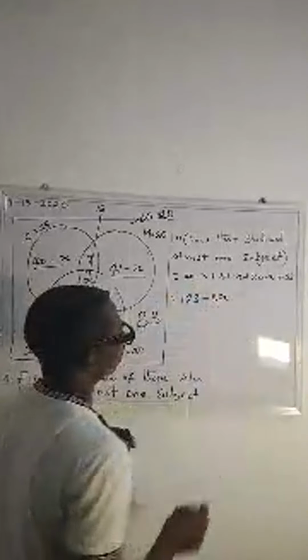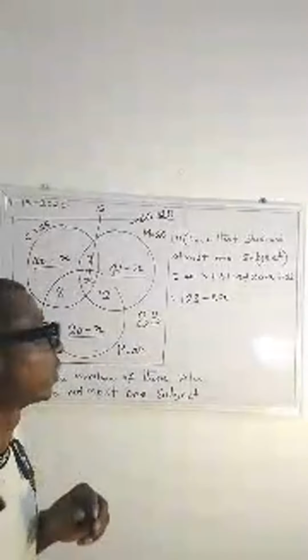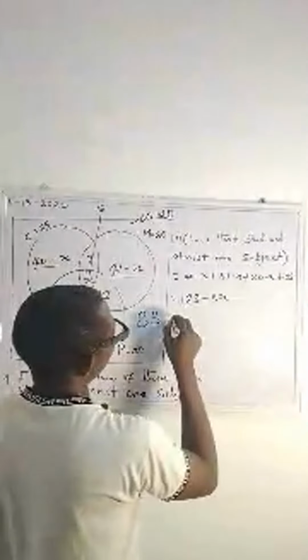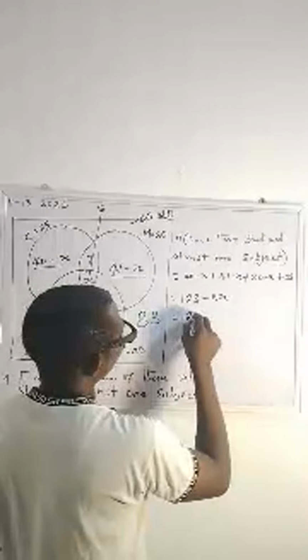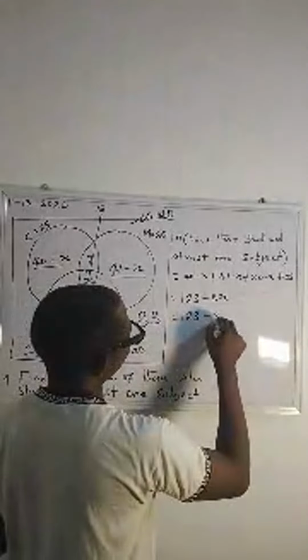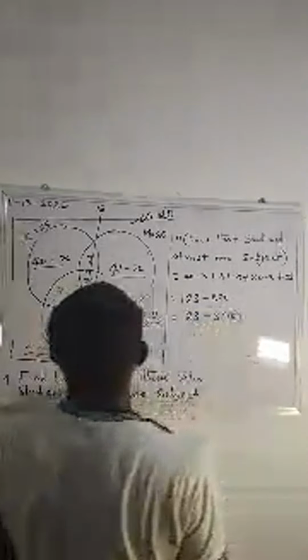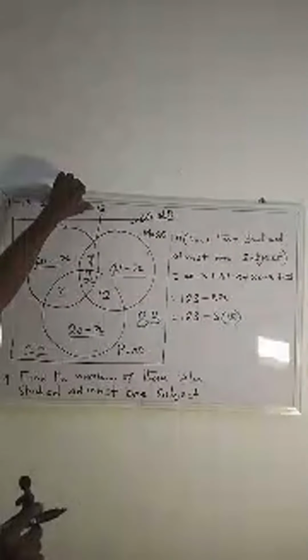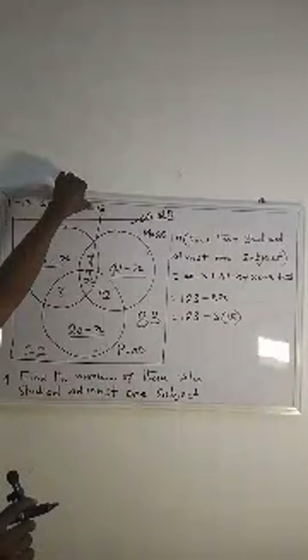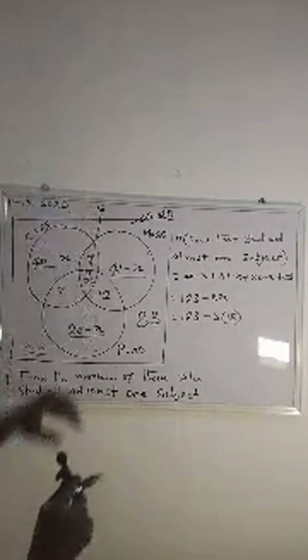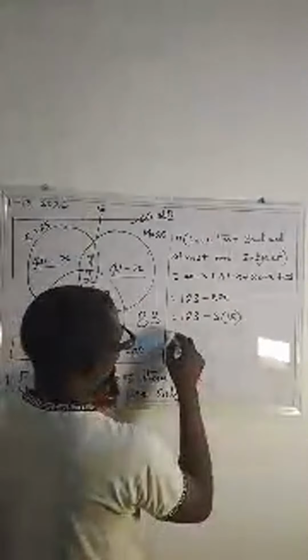So now you have 123 minus 3 times 15. Don't forget, our x is 15 here.